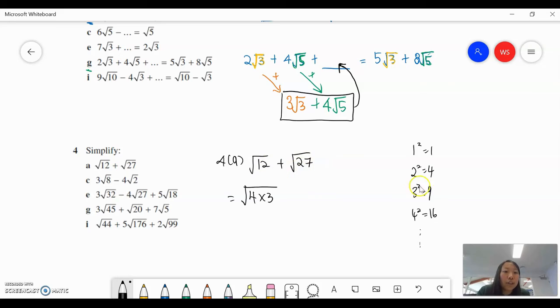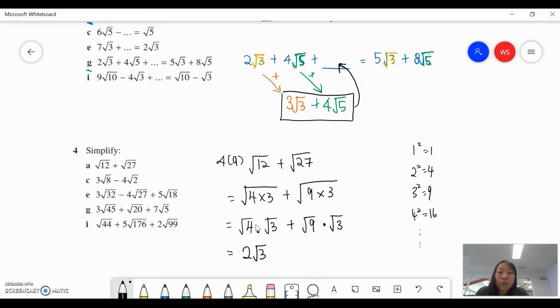Now for 27, you do have a perfect square factor of 9. Therefore, you can rewrite that as well, 9 times 3, square rooting the whole thing. On the next step, you can detach that, square root of 4 times square root of 3 plus square root of 9 times square root of 3. Simplifying that, you know that square root of 4 will give you an absolute whole number of 2.